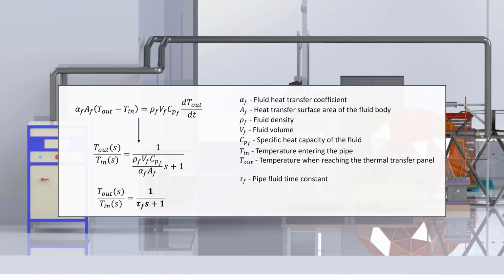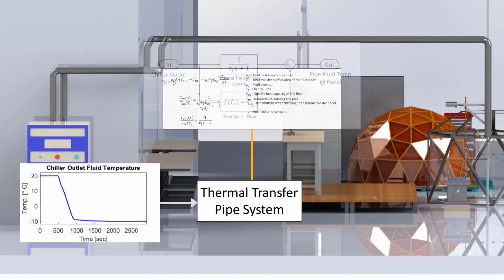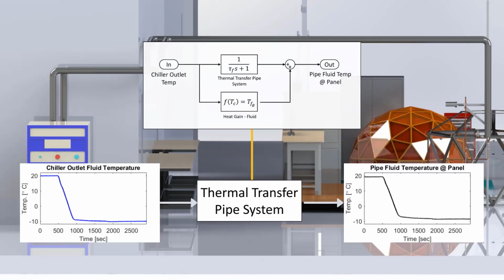The model results in a lumped parameter in the unit of time, yielding a first-order transfer function with a denoted time constant. The input for the transfer function is the chiller fluid temperature, and the output is the temperature of the fluid as it circulates on the top of the transfer panel. Additionally, as the fluid travels, an external heat gain was identified and accounted for in the modeling.